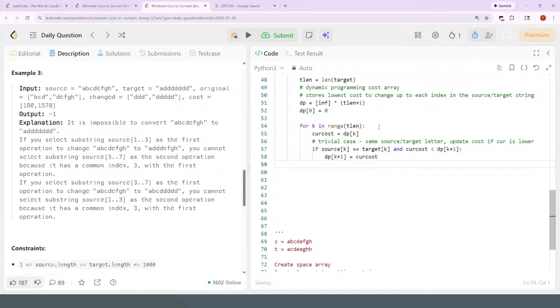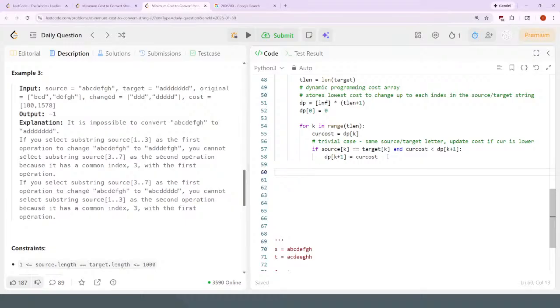So if the current cost is like 0, you see that the source and target letters are A and A, so that means going to index 2, index this one plus 1 is the same cost if it's lower, which it would be for the starting case where it's infinity up to every other index.